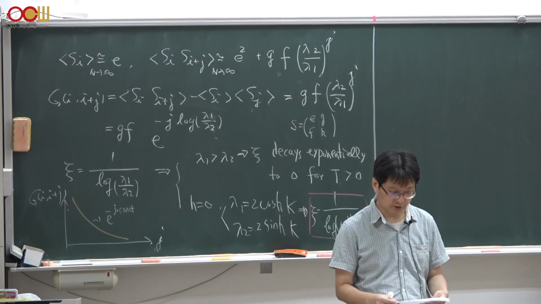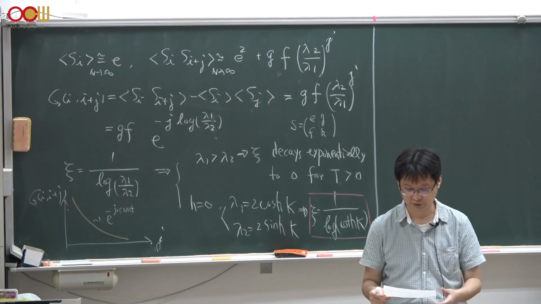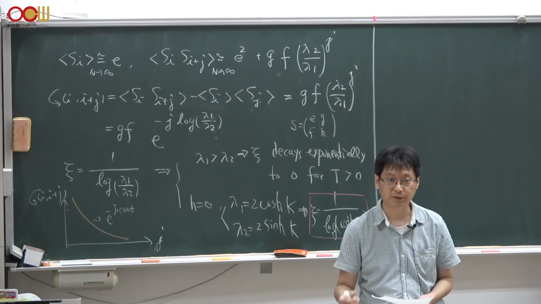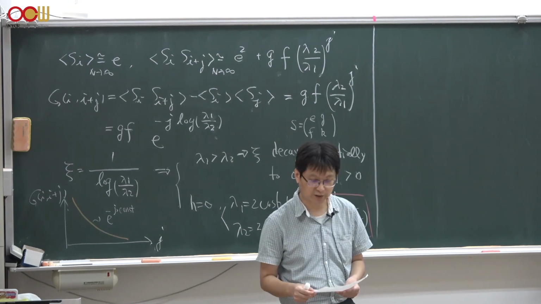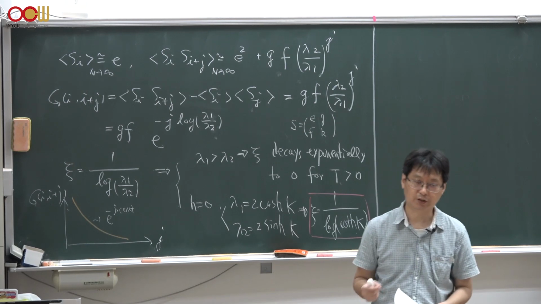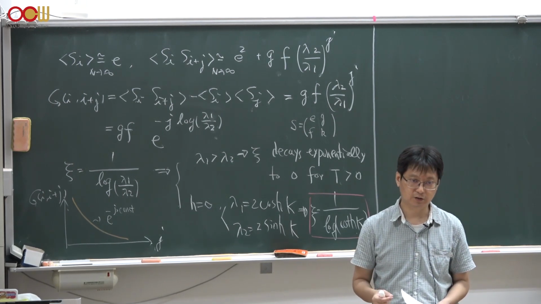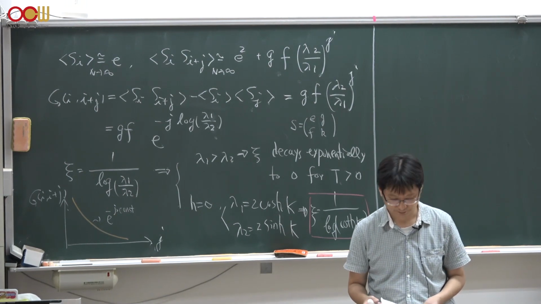Let's generalize this Ising model to higher dimensions, a d-dimensional Ising model, and see what happens. We'll see later that the transition temperature for, say, a two-dimensional Ising model is at a finite temperature.